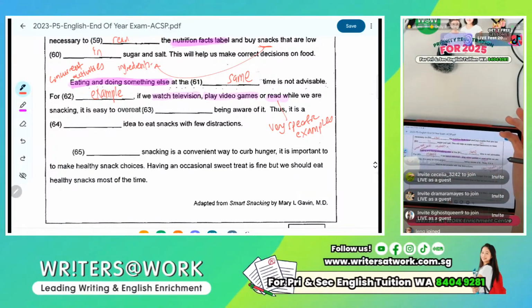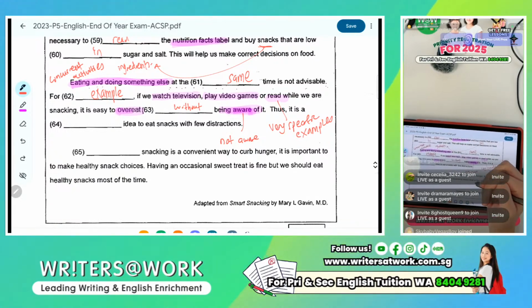If we watch television, play video games, or read while we are snacking, it is easy to overeat dash being aware of it. So you can see over here that you are doing something which is to overeat and you don't know about it at all. Okay, so over here we are looking at not aware. So we will use words like without being aware of it. Okay.